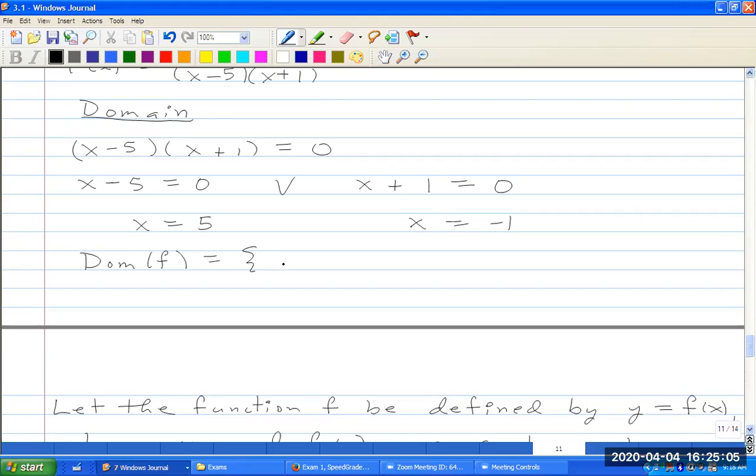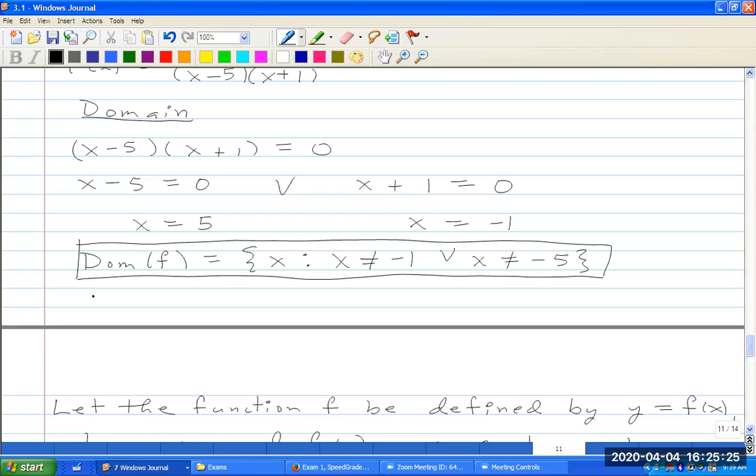And so the domain of my function is just the set of all x's such that x is not equal to -1 or x is not equal to -5. It is the union of the following open intervals.